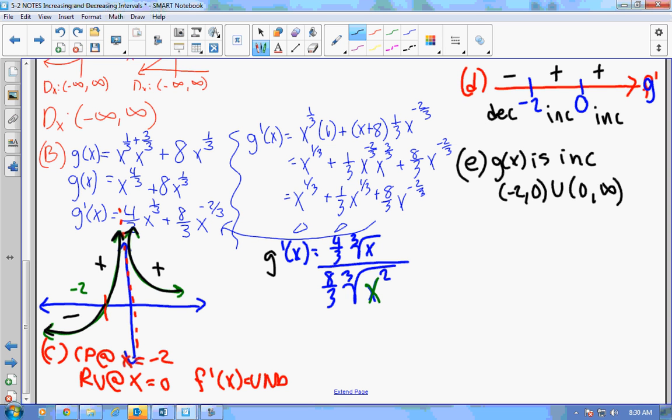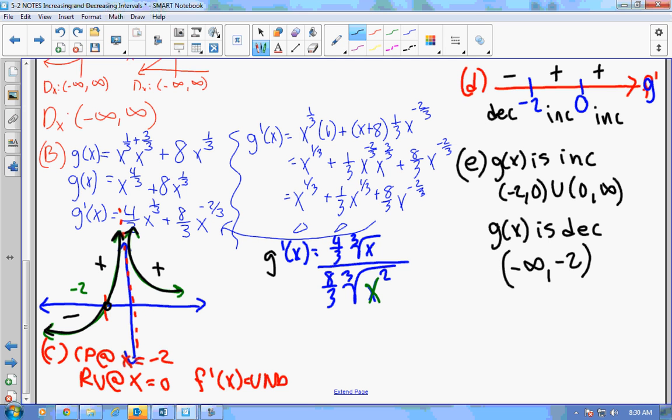Because right at -2, it's changing. That's a 0, so your tangent line is horizontal. It's changing from decreasing to increasing. And g of x is decreasing on what interval? -infinity to -2. Parentheses, because right there at the 0 we get a horizontal tangent line that's changing direction. Okay?